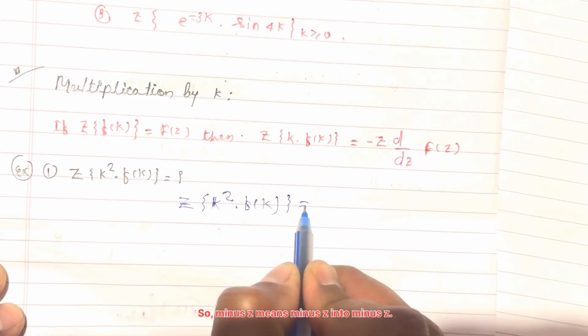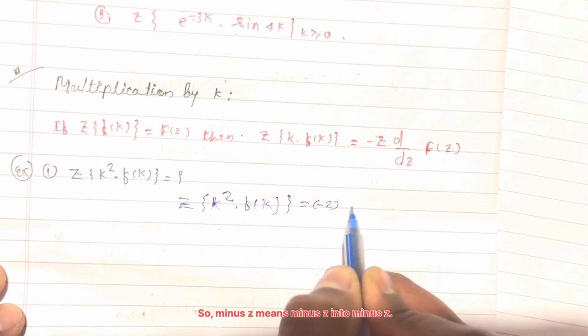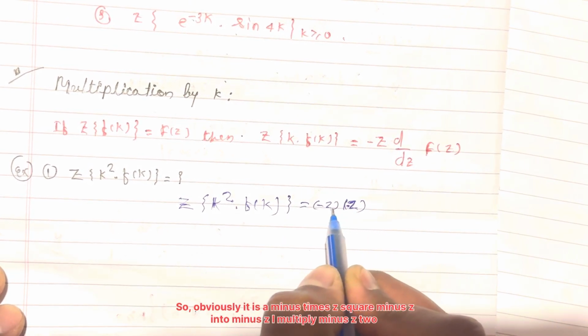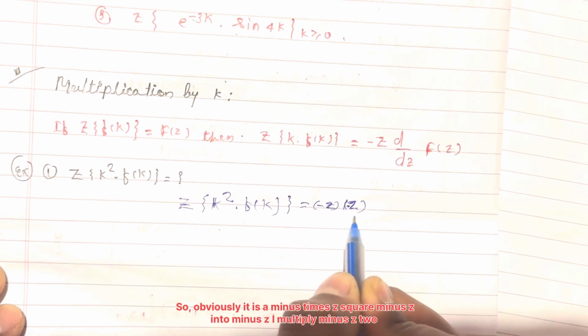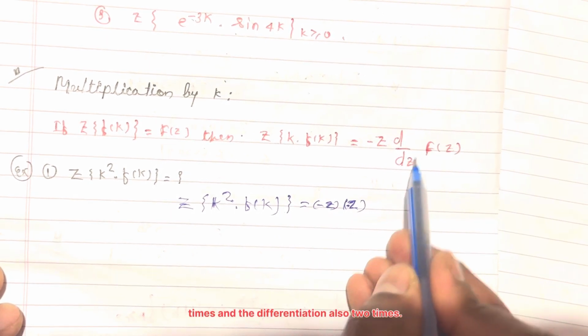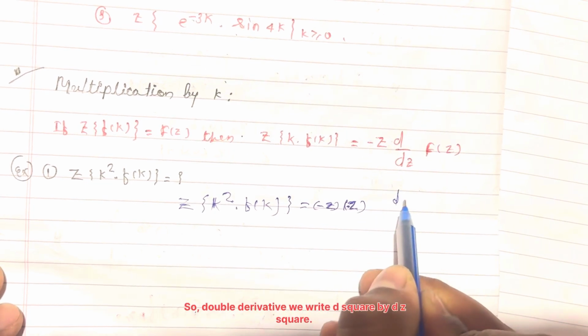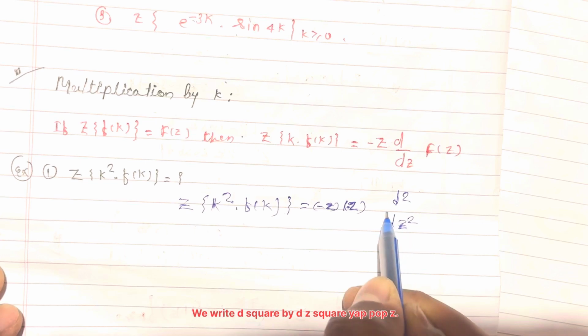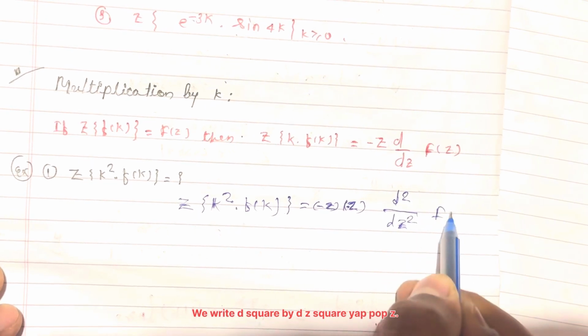So minus z into minus z, which obviously is plus z square. I multiply minus z two times, and the differentiation also two times. So we write the double derivative, d square by dz square, of F of z.